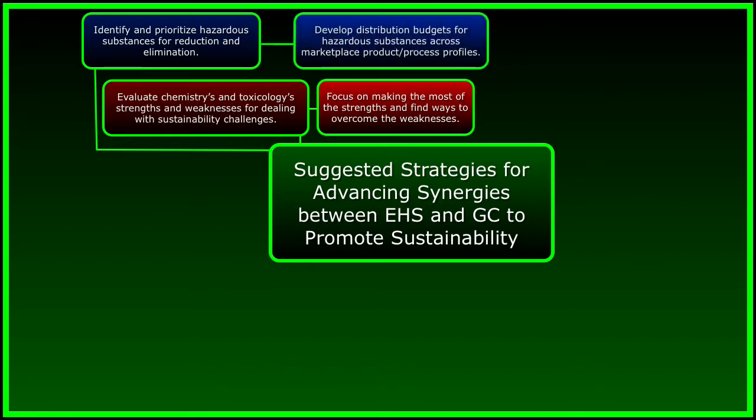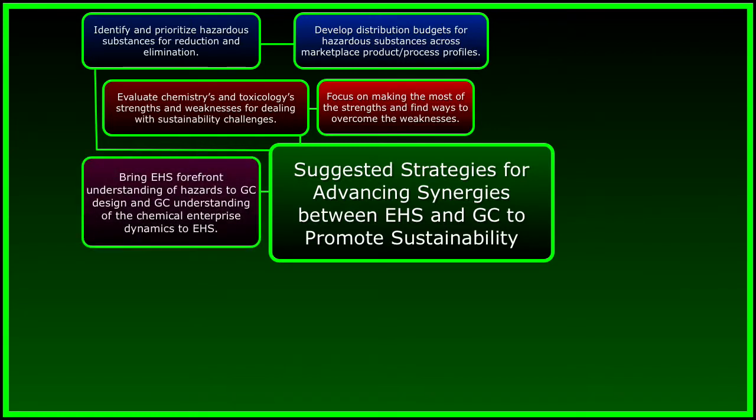We need to develop distribution budgets for hazardous substances across marketplace product process profiles. We need to bring environmental health sciences' forefront understanding of hazards to green chemistry design, and green chemistry's understanding of the chemical enterprise dynamics to environmental health sciences.